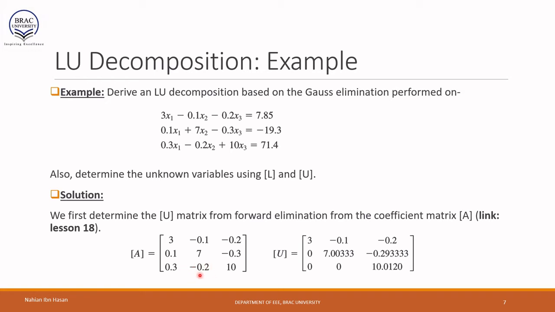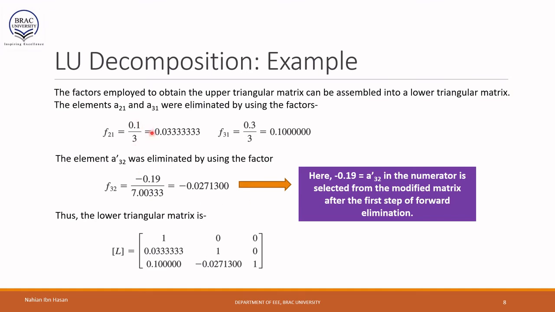And for the next one, the multiplicative factor comes after the first step. After we had eliminated these two terms, we can get this multiplicative factor from the modified matrix. So F21 is 0.1 divided by 3, as we already said. It is 0.003333. This is the F31 multiplicative factor. And the element A32 prime was eliminated by using this factor.